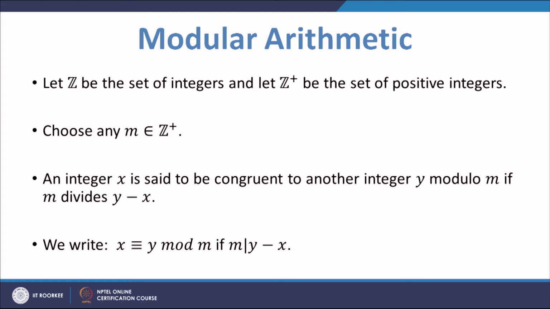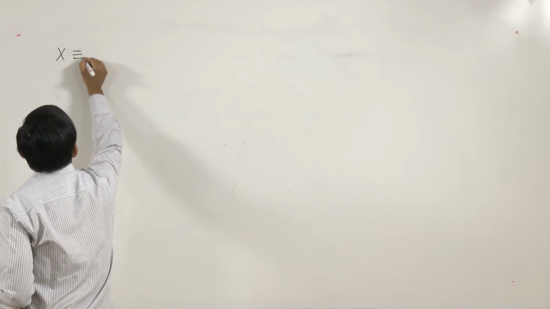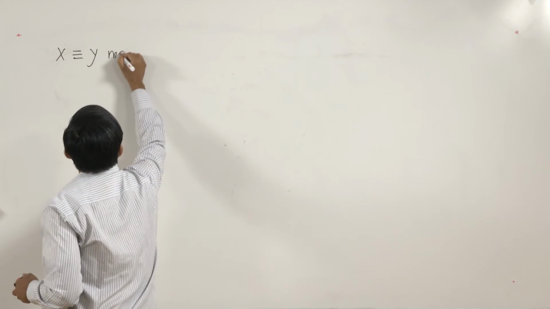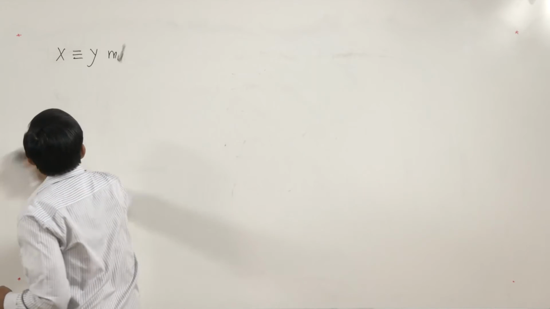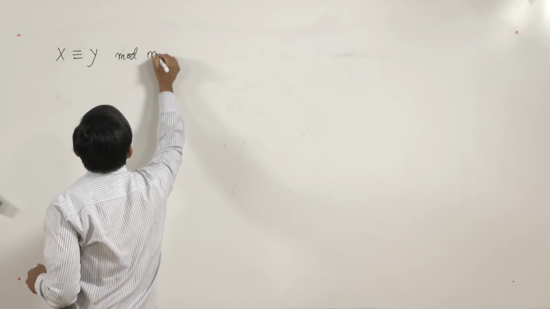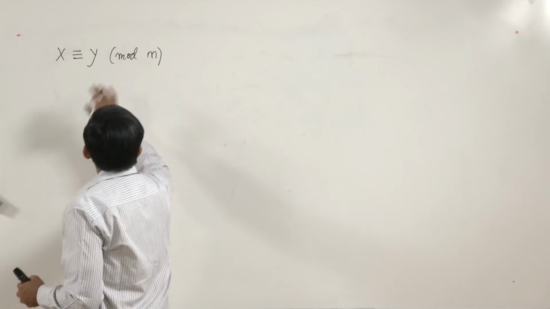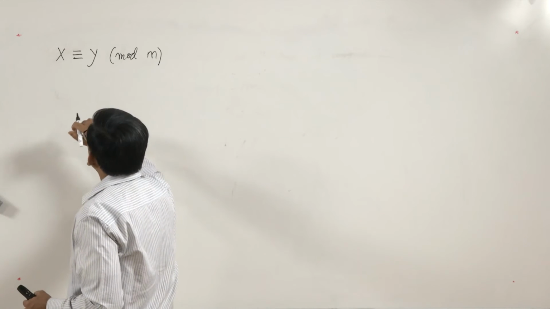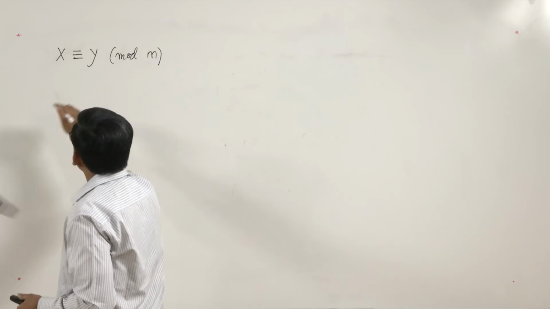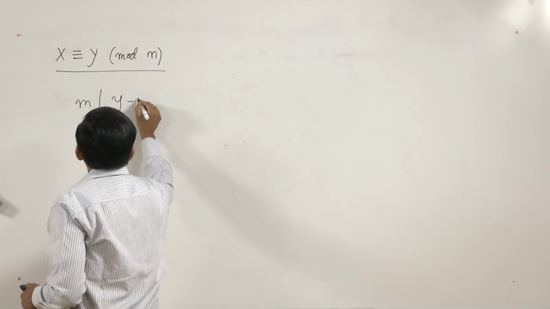That is to say, in symbols I will write x is congruent to y mod m. I will put a bracket here later on, and I write this if m divides y minus x.